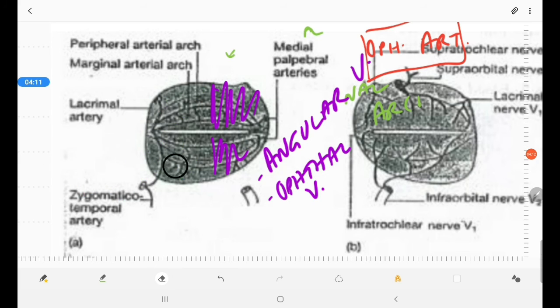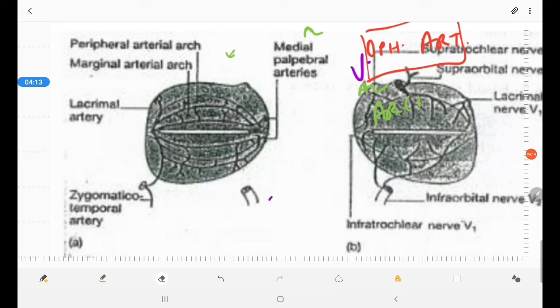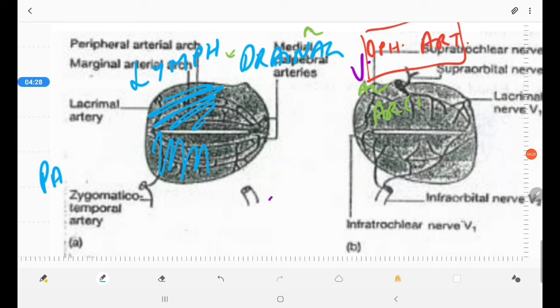The next is about the lymphatic drainage. Now the temporal parts of the upper and lower lid drain into the superficial parotid nodes.